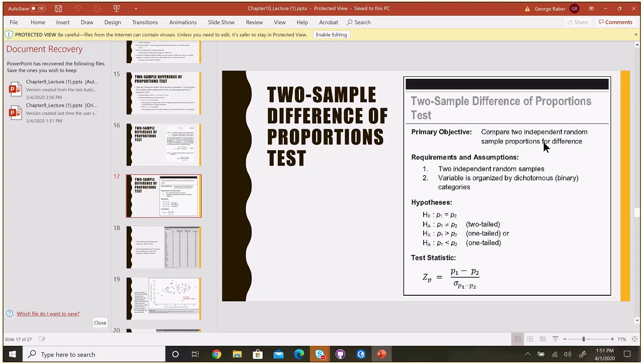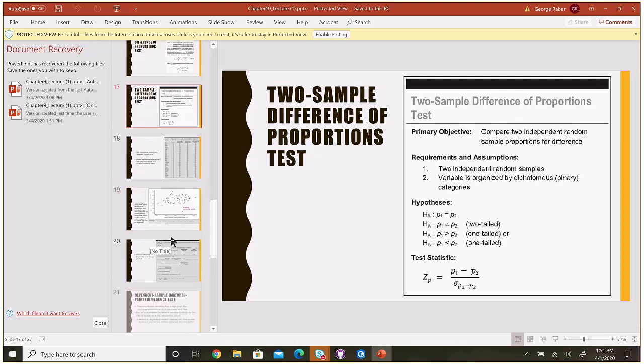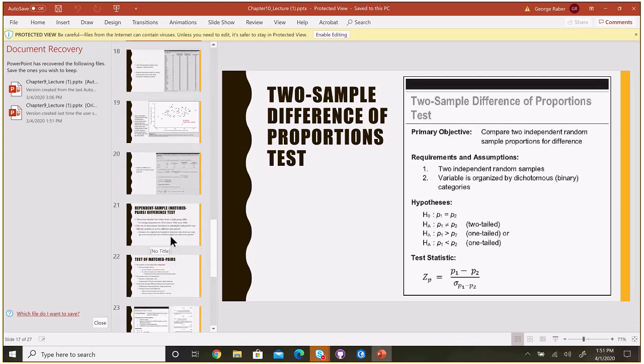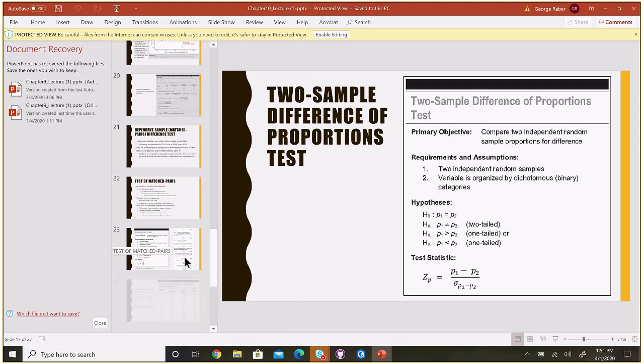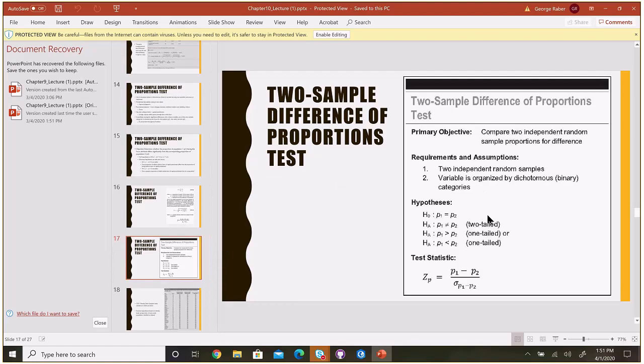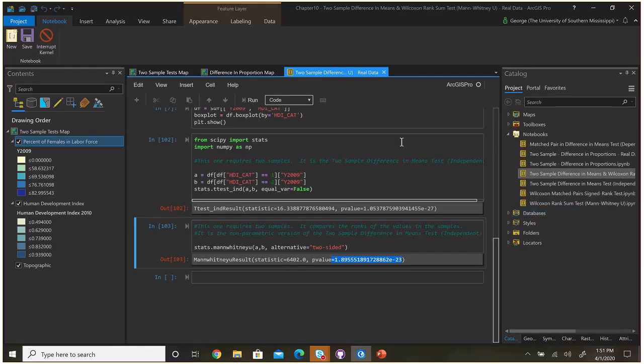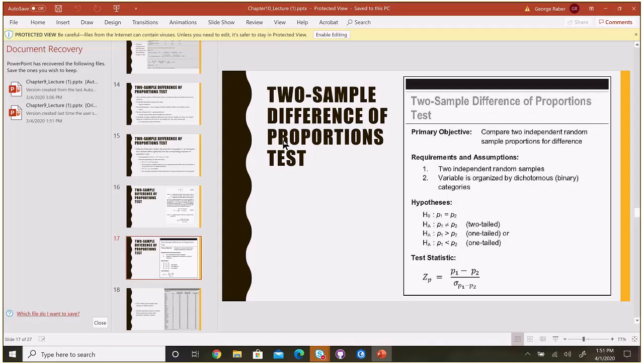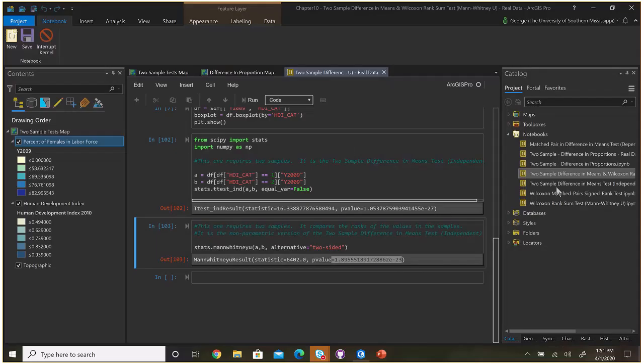Compare two independent random samples for difference of proportions. I don't have the slide for the other one, but I've got it up here as a Python notebook. So we've got our difference in proportions, and a parametric and a non-parametric version.